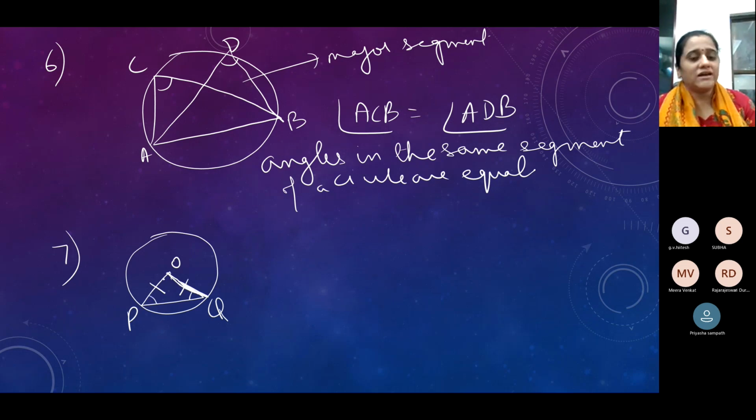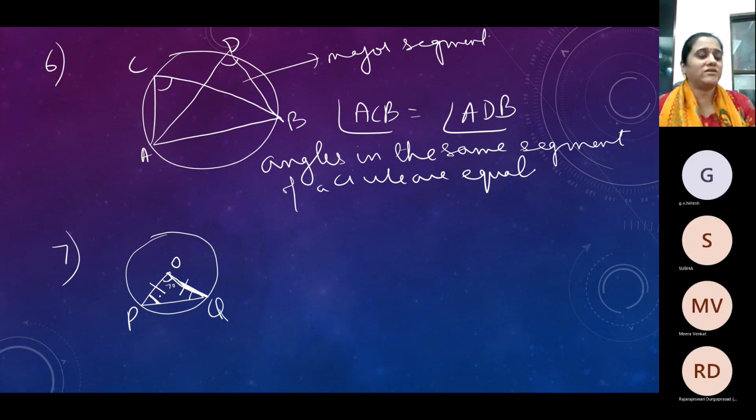Supposing this angle is 70, what will be the measure of this angle? 55 degrees. If this angle is 70, 180 minus 70 is 110, which will be shared equally by these two angles, because these two sides are equal, the isosceles triangle property.